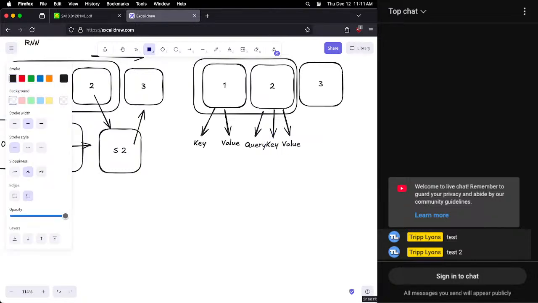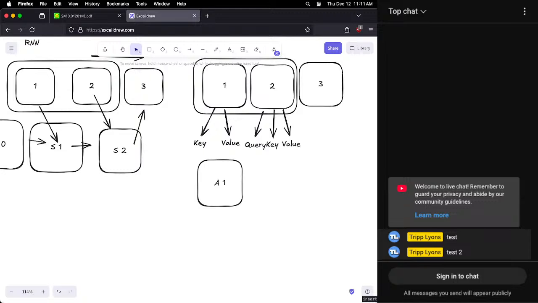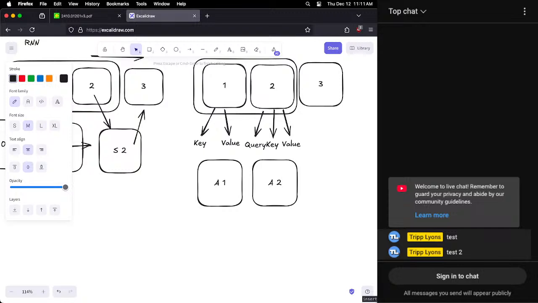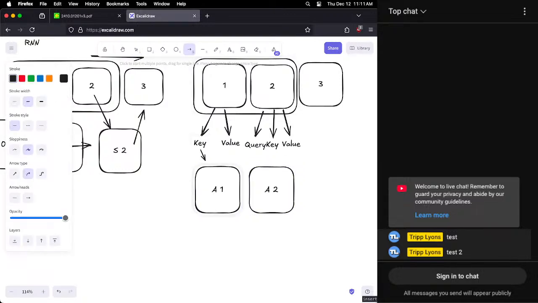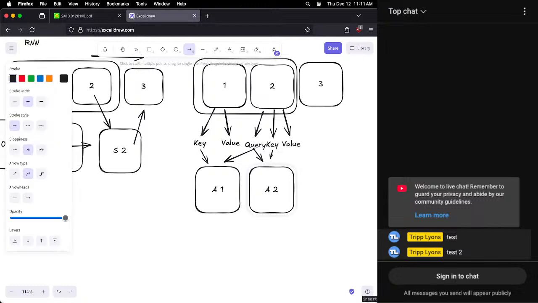So this would be the first value in that row of the attention matrix and the second value. These are computed by taking the inner product of your key and your query. And in this row, you'll have the same query, but a different key.